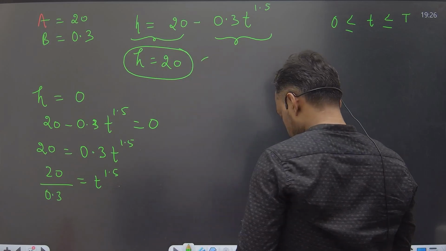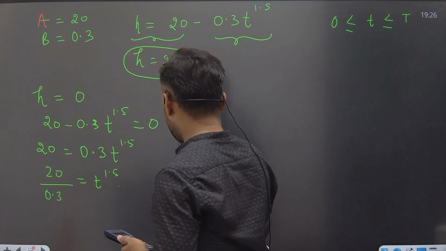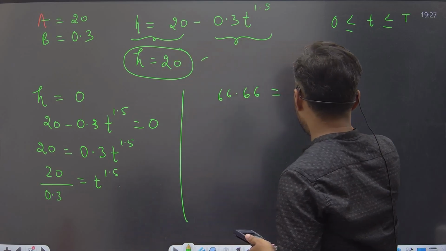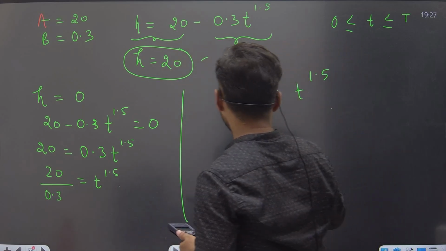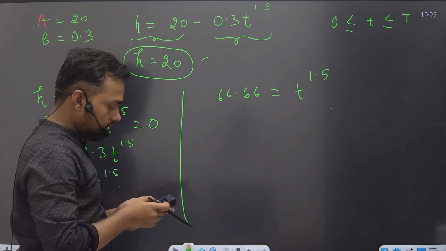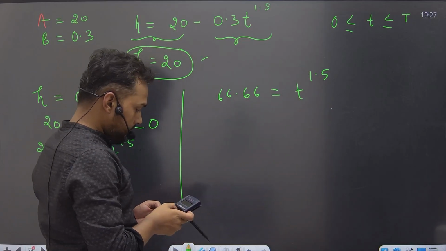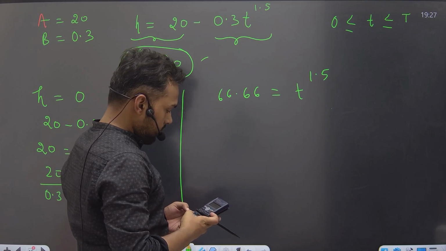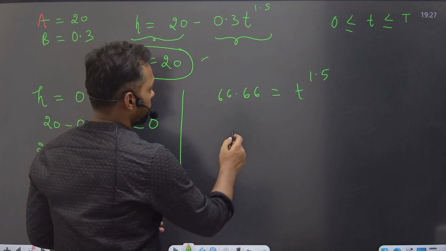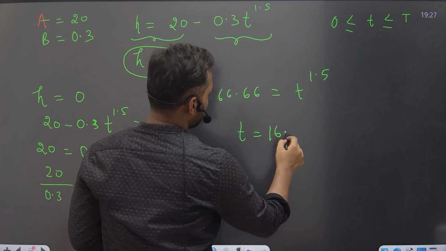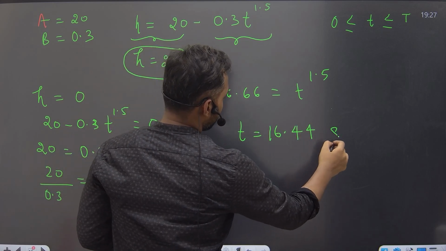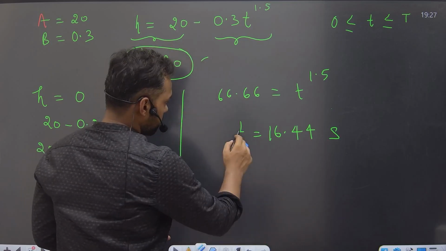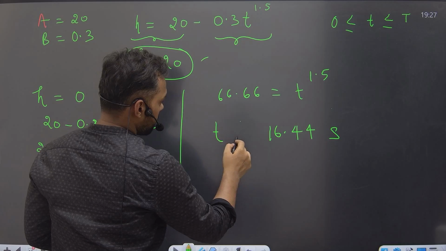Now 20 divided by 0.3 will be equal to t raised to the power 1.5. From here you will get 66.66 equals t to the power 1.5. For calculating this part, we can take the help of our calculator. That will give t equals 16.44. So from here you will get the value of t equals 16.44 seconds, an approximate value, student.